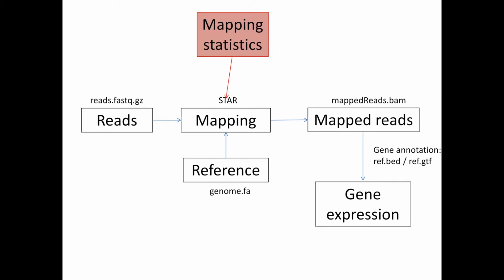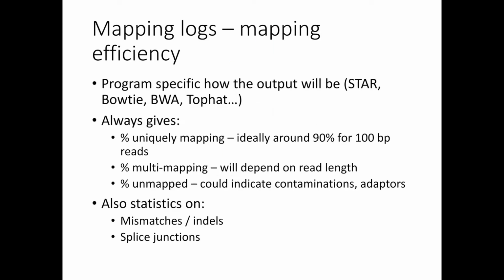Just to give you some things that you can get from the mapping logs: almost all programs give things like uniquely mapping reads, which is basically that the read that you submitted will only map to one place in the genome. So it's quite certain that it's in the right location. But then there are also multi-mapping reads, and that is reads that the program can't decide where they come from.